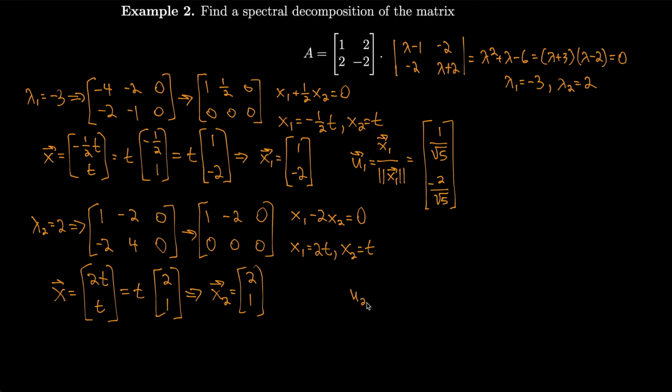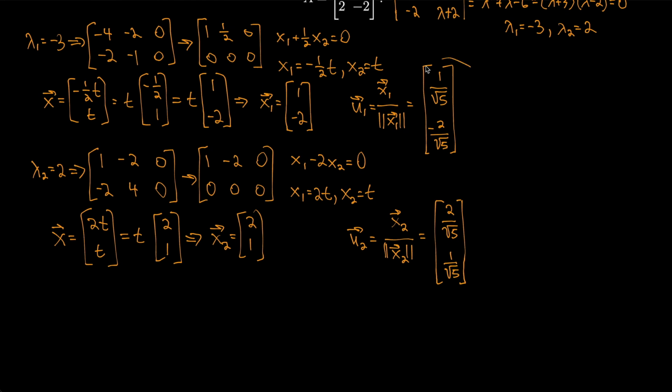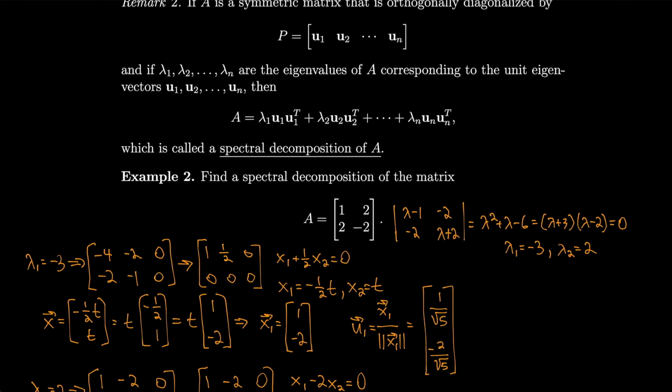We'll take u2 equal to x2 divided by its length, and that is equal to (2 over root 5, 1 over root 5). And this gives us a spectral decomposition now because these vectors form the matrix P, right? There are u1 and u2. So now we can plug them into this formula over here.